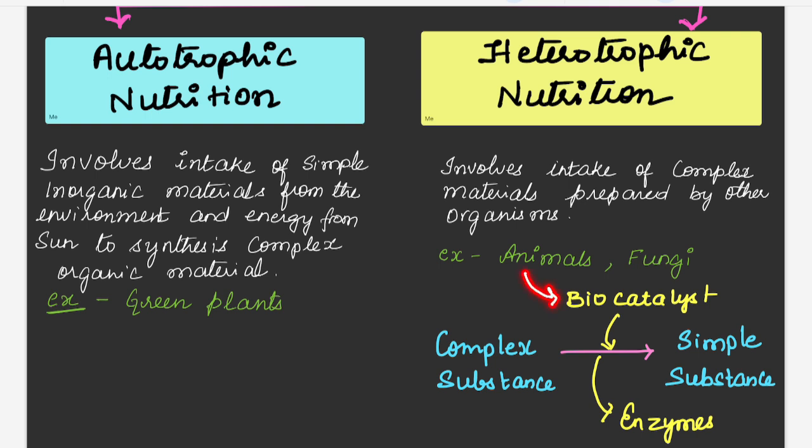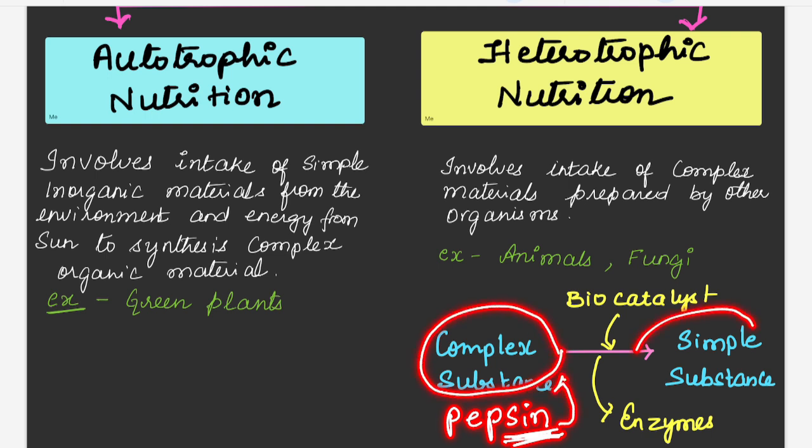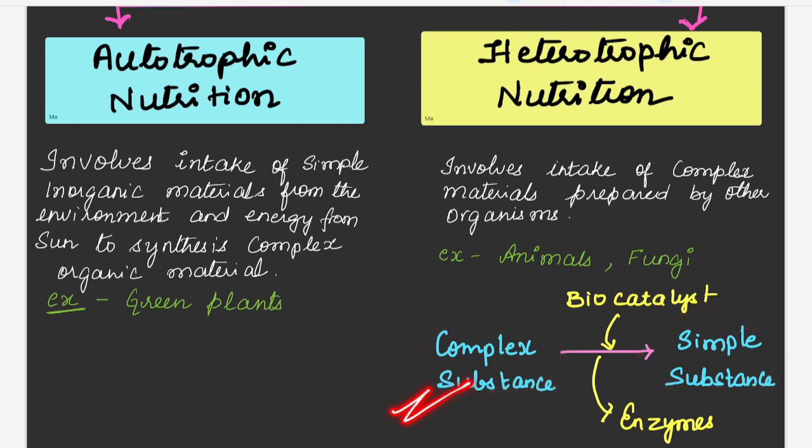In animals you can see biocatalyst is present. That biocatalyst is nothing but enzymes. Example for enzyme is pepsin. Pepsin is an enzyme. Where is this present? Pepsin is present in the stomach. What is the function of pepsin? It will convert complex substance into simple substance. So this is about heterotrophic nutrition.